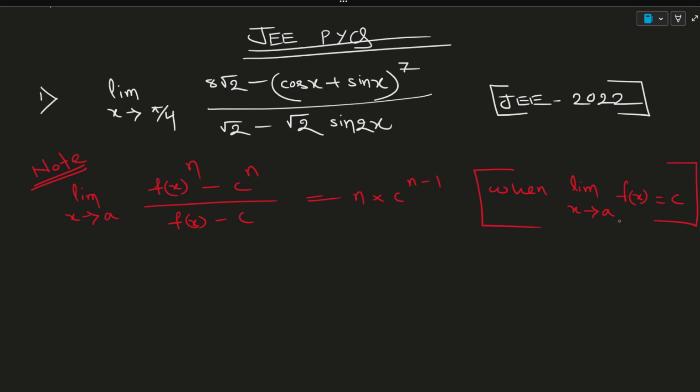If this holds, then we can say that the limit of this function will be this one. Here n belongs to Q, the set of rational numbers.